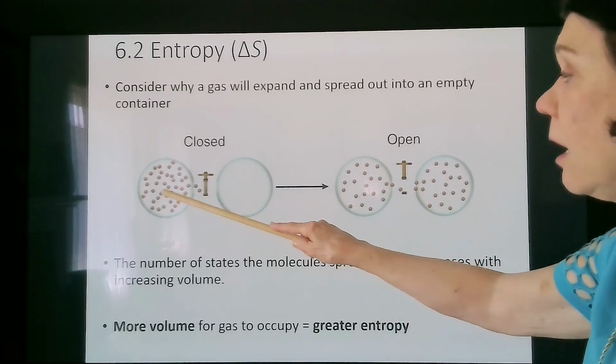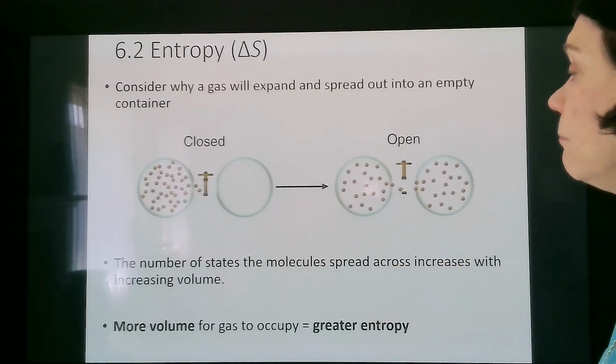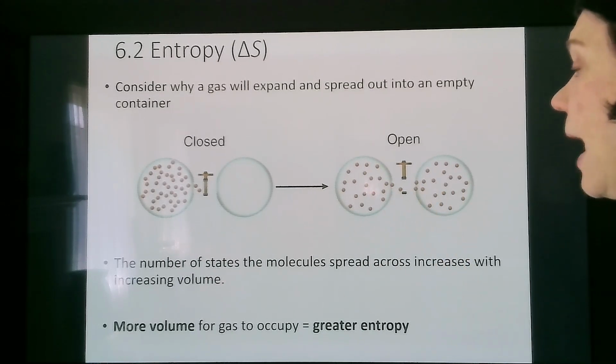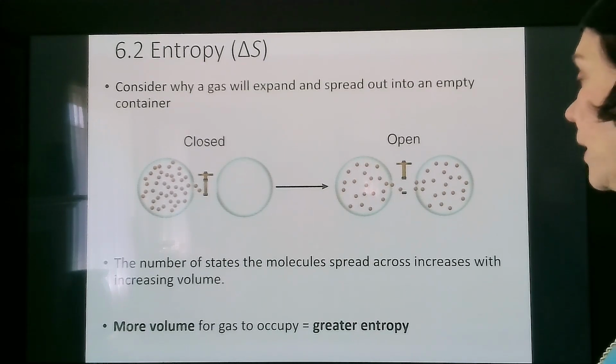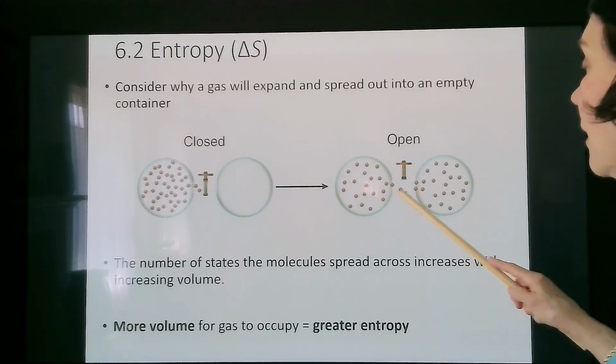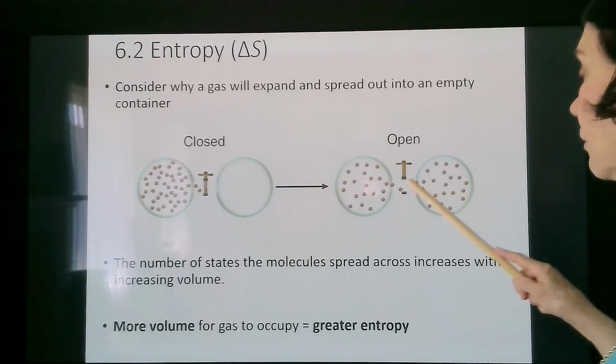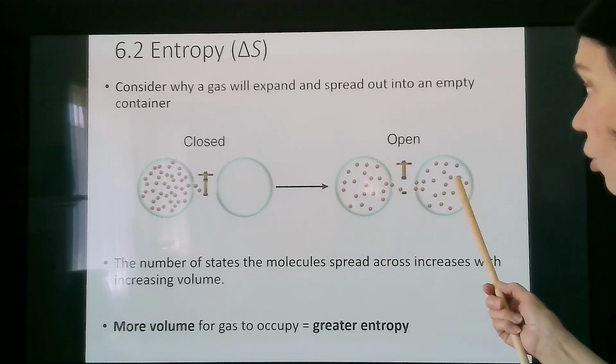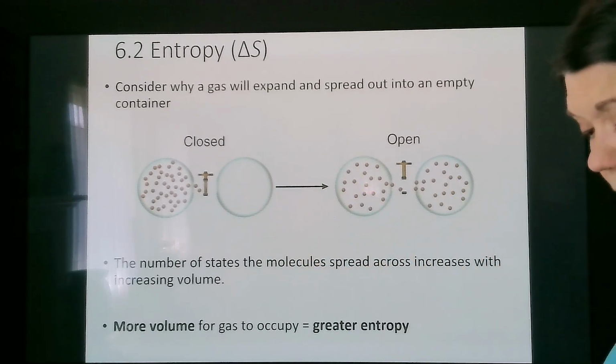Over here, it's a less random, more ordered state. And so this one is favored and happens spontaneously. As you increase the volume, the number of states the molecules can spread across increases. This has greater entropy than that.